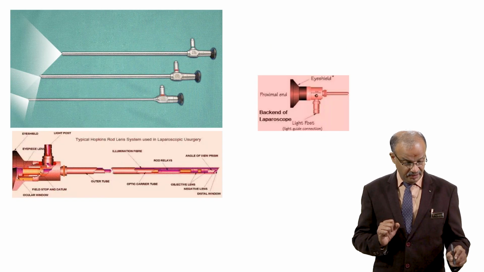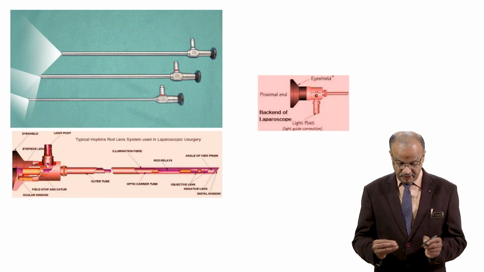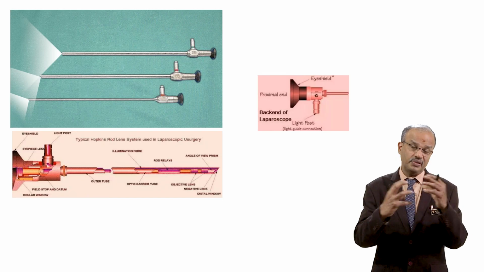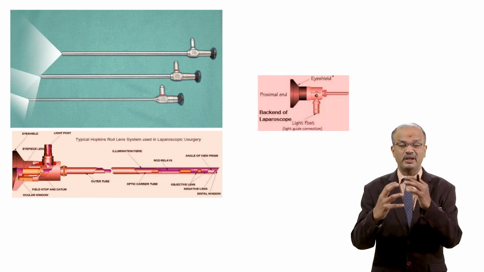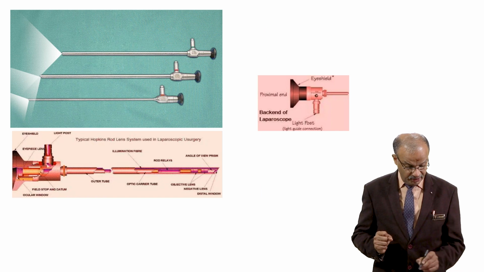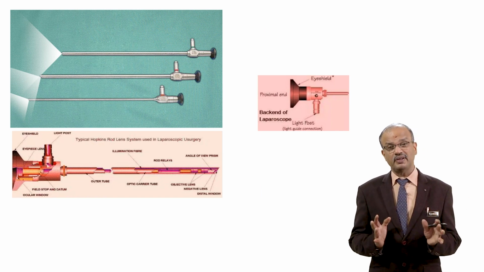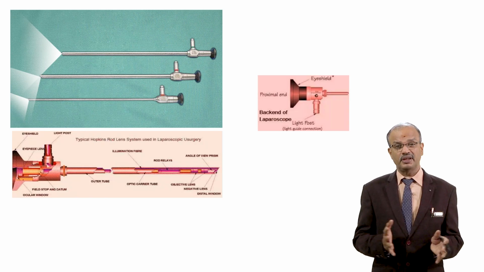See, that is how exactly the image comes. The light source and the telescope are connected, and the proximal end is connected to the camera properly. All these things are components of the Hopkins rod lens system. It is a very complex technical engineering method.